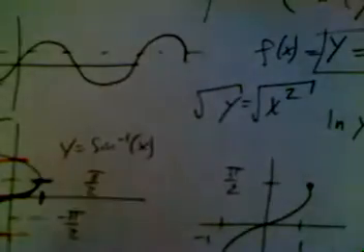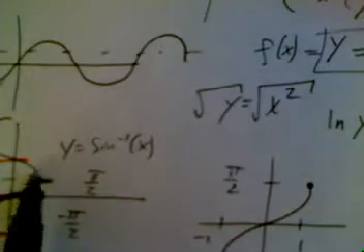Again, notice the only values that I can plug into the inverse function for sine and cosine are negative 1 to 1. The only values that I will get back for sine are between negative pi over 2 and pi over 2. We define it this way so that it's a consistent, continuous function.